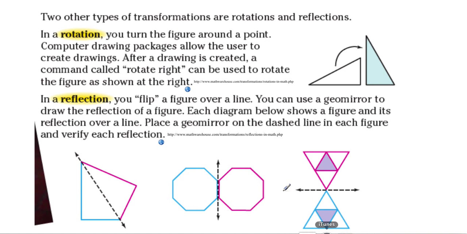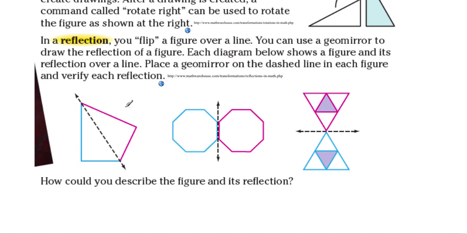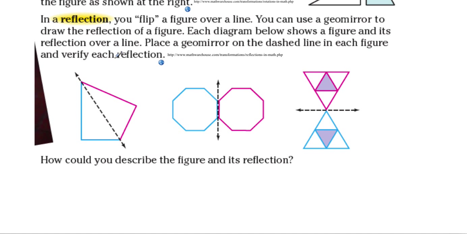Another type of transformation is what we call a reflection. When you flip a figure over a line, you can use a geomirror to draw a reflection. I think we used a geomirror last year for this one. Basically, each diagram below shows its figure and its reflection over a line. You're flipping the figure over a line.